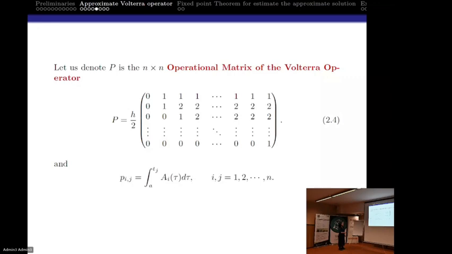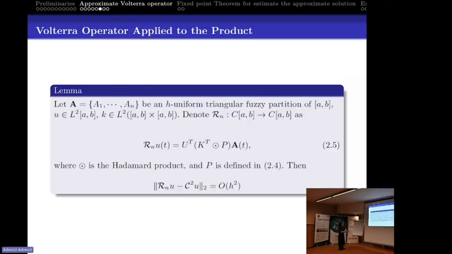And here is operator P, which once again is the final approximation.